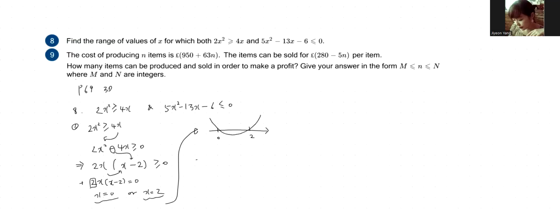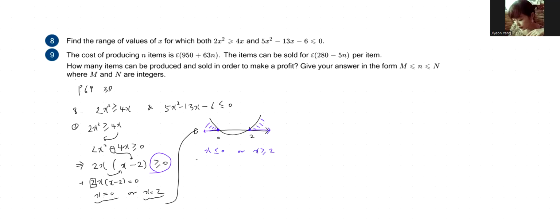We need to find the range of x for which this graph is greater than or equal to 0. It means this range includes the outer parts. So if we read this range in respect to x, then x is either less than or equal to 0 or x is greater than or equal to 2.